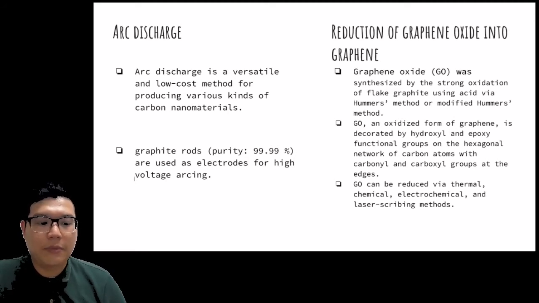Only the soot deposited on the inner and top wall of the reaction chamber was collected, in order to exclude the relatively heavy products, which are amorphous carbon nanoparticles or multi-layered graphene sheets that dropped to the bottom of the chamber during the arc discharge process.